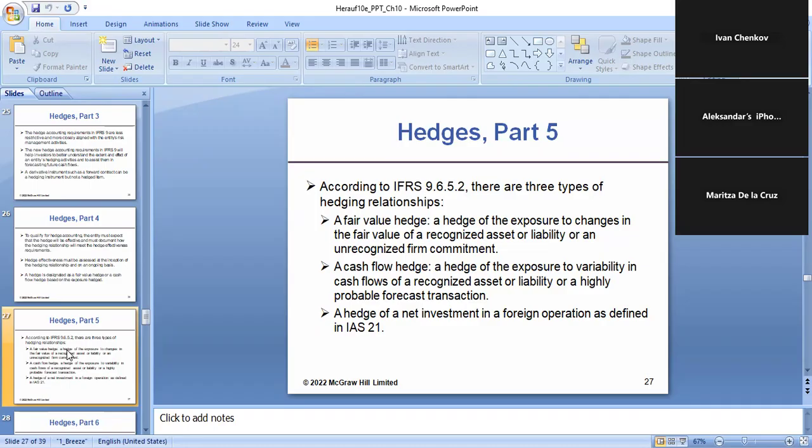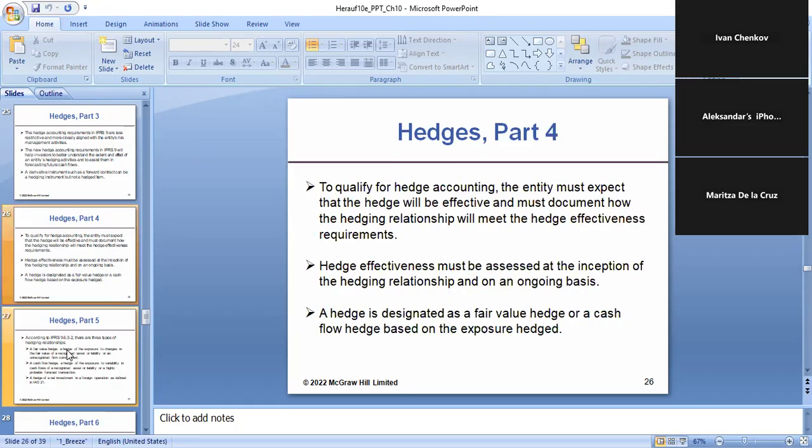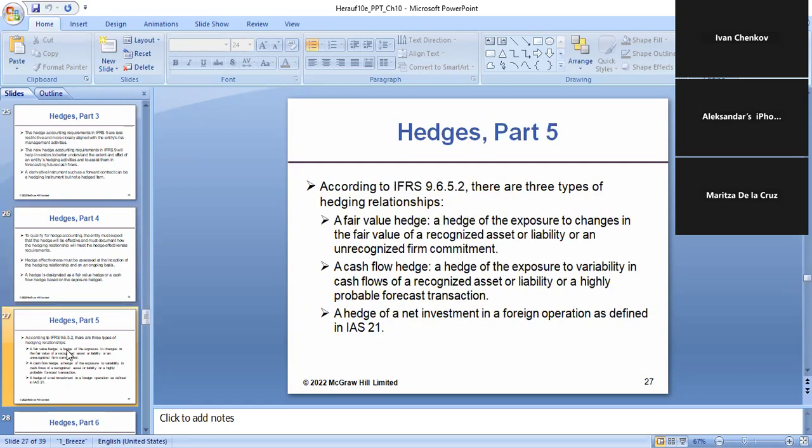And the cash flow hedge is the hedge of the exposure to variability in the cash flow of a recognized asset or liability or a highly probable forecast transaction. And the hedge of a net investment in a foreign operation is defined in International Accounting Standard 21.